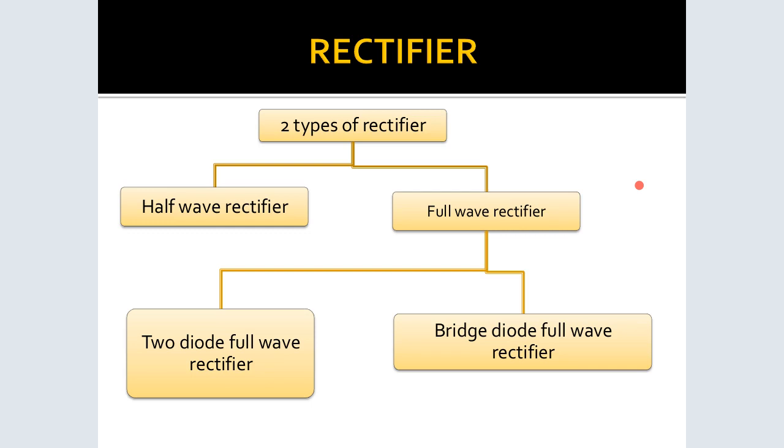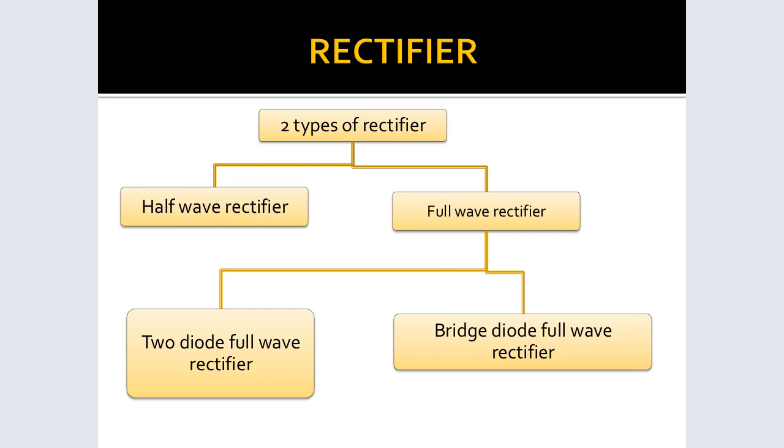Bridges are four-diode rectifiers. What is currently in use is actually the full wave rectifier, because it provides a complete DC output that is consumable by electronic devices.